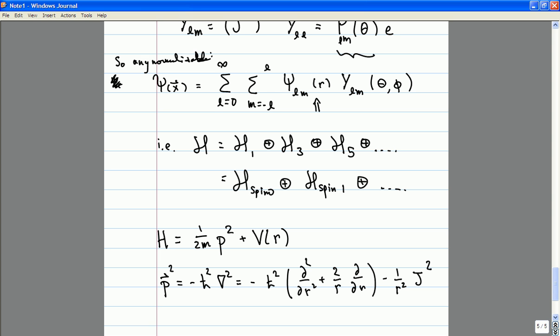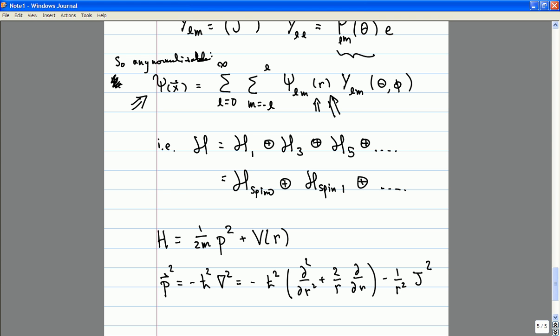And so then you could go ahead and use that to expand your wave function in terms of the spherical harmonics, in terms of these representations. Then when you work things out in that basis, you're working in a basis where you have simultaneous eigenstates of energy and angular momentum, and you're left with some one-dimensional wave equation for these psi of r's here.